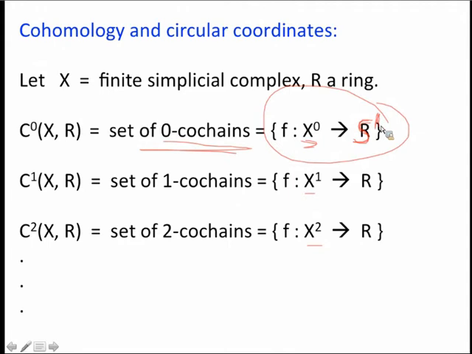Now, in reality, the rings we're going to look at in order to create this function will actually be the real numbers and the integers, but we will then collapse the real numbers mod the integers in order to create S1. So we will be looking at the sets of cochains where our functions go into a variety of rings, including the real numbers and the integers. So this is our set of cochains.